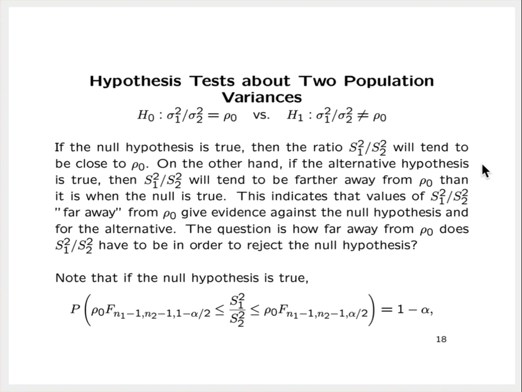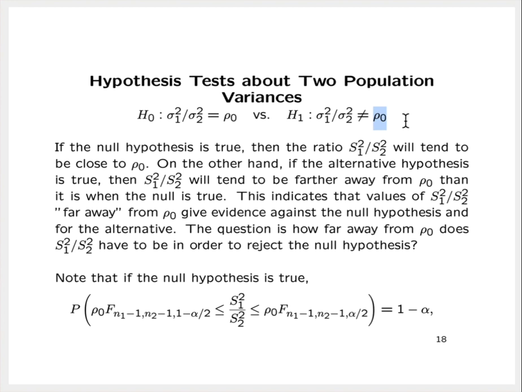If the null hypothesis is true, then the ratio of the sample variances, S1 squared over S2 squared, will tend to be close to the hypothesized ratio of the population variances, which is denoted by rho sub 0. On the other hand, if the alternative hypothesis is true, so that the ratio of the population variances is not equal to this hypothesized value, then the ratio of the sample variances will tend to be farther away from rho sub 0 than it is when the null hypothesis is true.